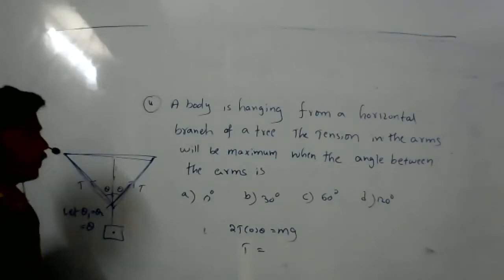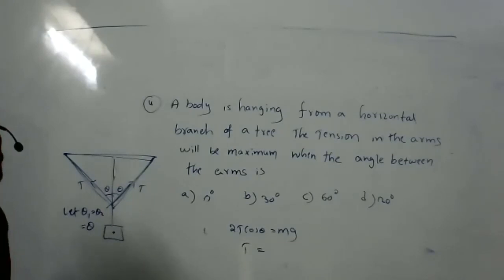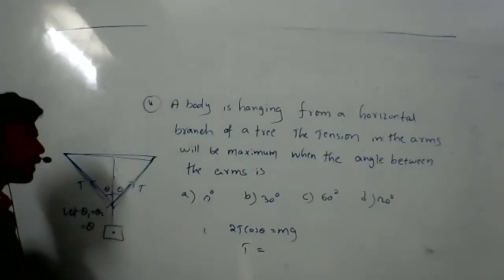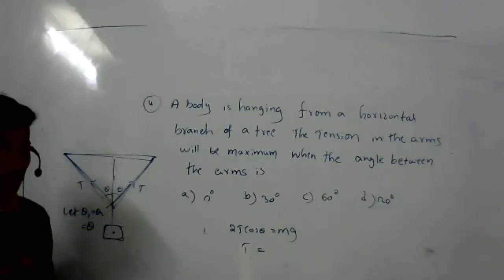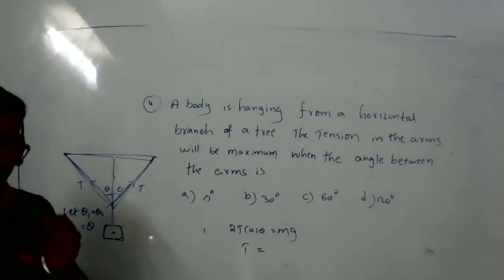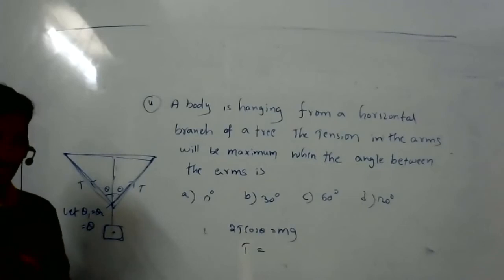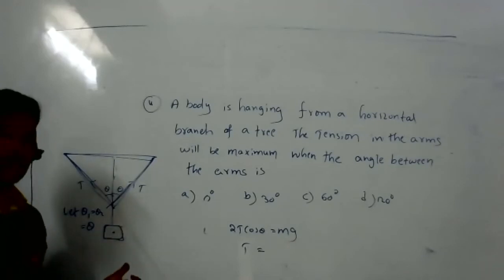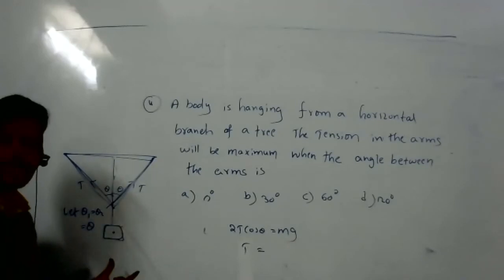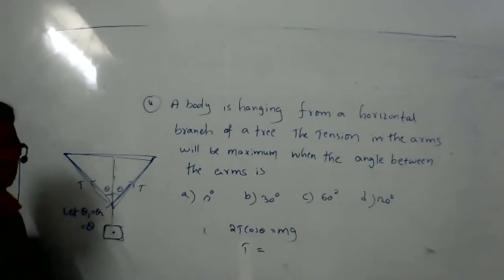See, they didn't give anything, not even mass. But when the body is hanging, definitely it has mass, right? Any body has its own mass. So they won't give it, but mass is there for that body. When they are mentioning it is a body, there is a mass. On that mass, what will happen when it is hanging? Gravitational force will act in the downward direction.